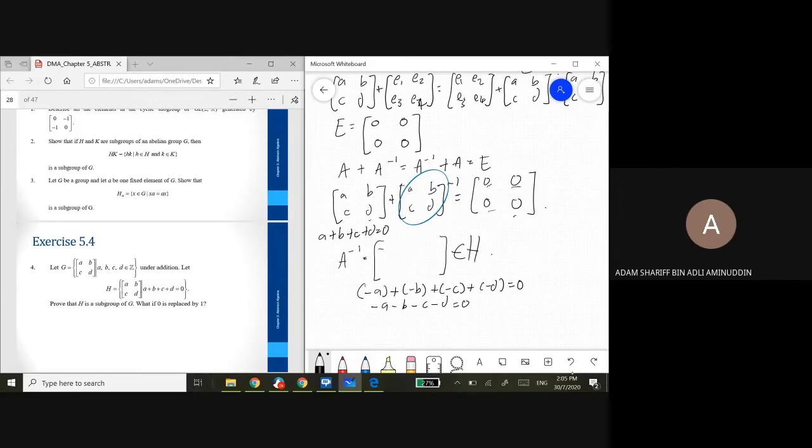It is negative A, negative B, negative C and negative D. There exists inverse this time for this question. There exists the inverse matrix for A. Inverse exists. As my conclusion, large conclusion is that H is a subgroup of G. The properties remain the same.